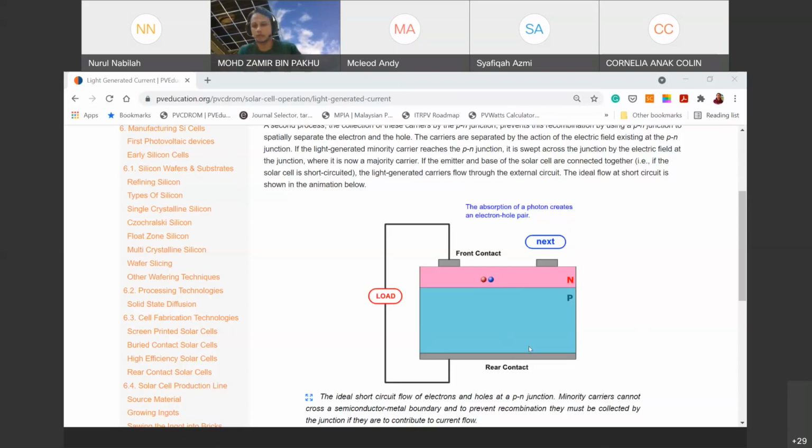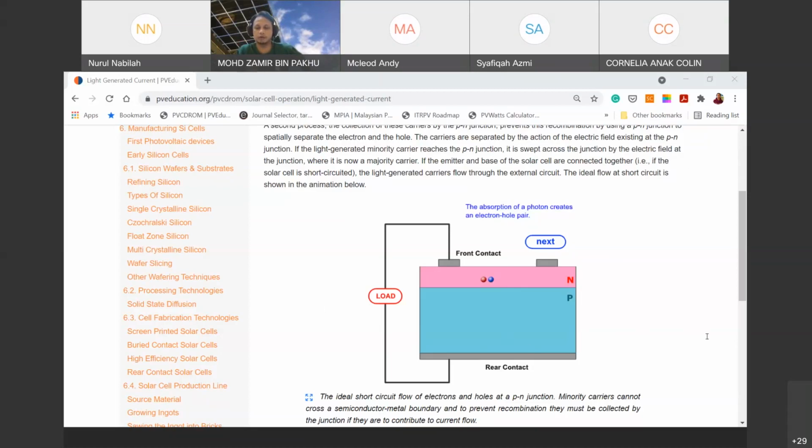Any guess? Okay, Rafael said rear, okay. Any more rear or front? The question is, where will the electron go? The electron is the red one. Front. Okay, so front, I got front. Mushfiq front.